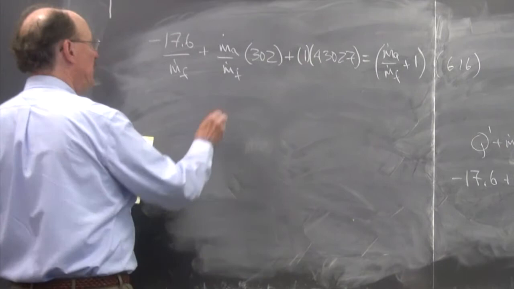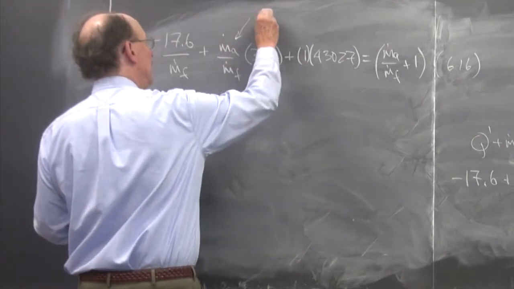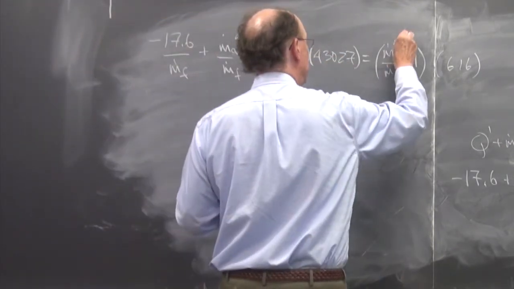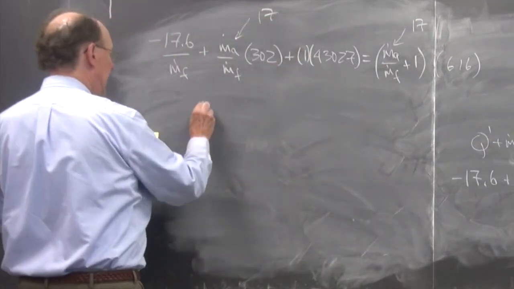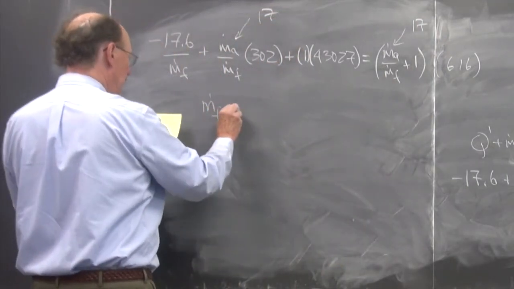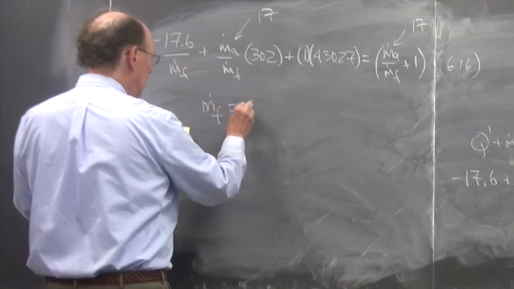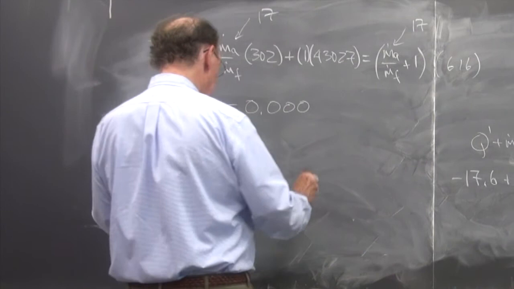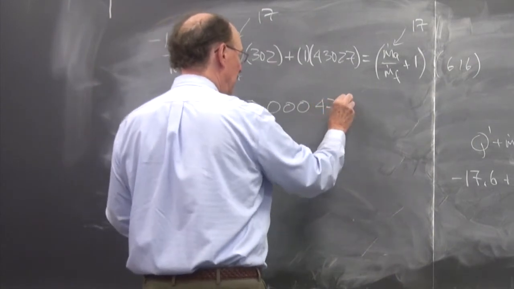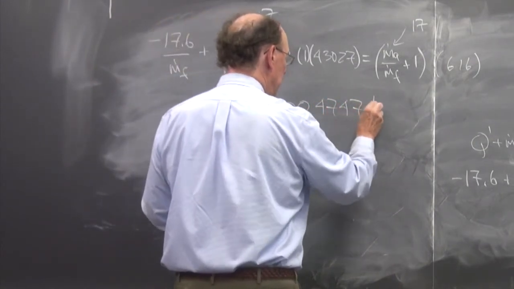And if I substitute in here 17 and 17 and solve for this, I get that m dot F is equal to 0.304747 kilograms per second.